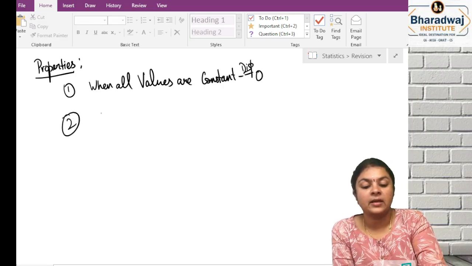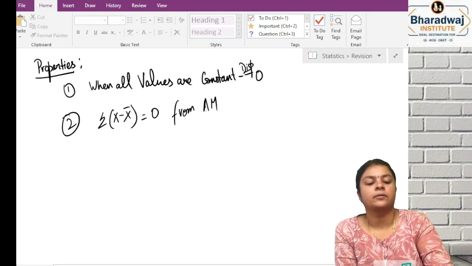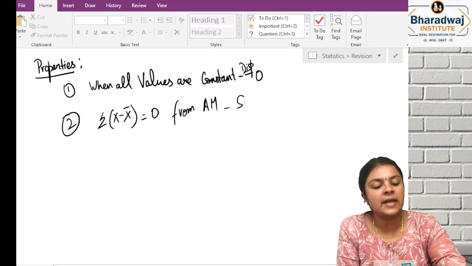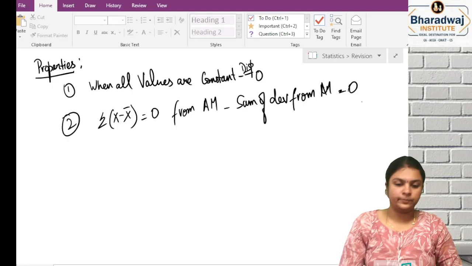Second, we learned this point, sigma x minus x bar will always be 0 from arithmetic mean. So which means sum of deviations from arithmetic mean is always equal to 0.